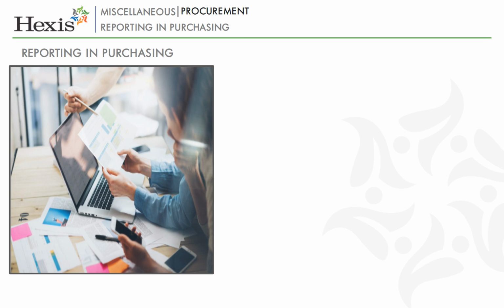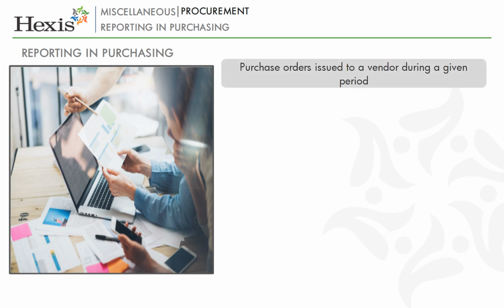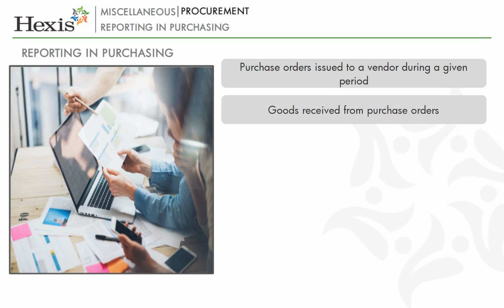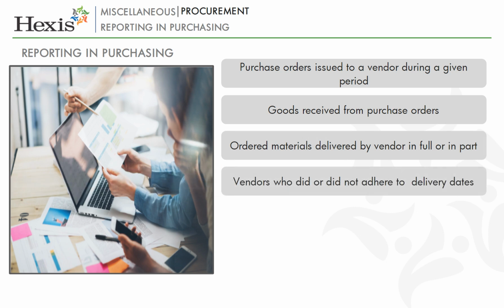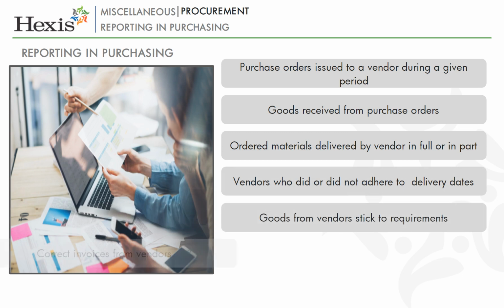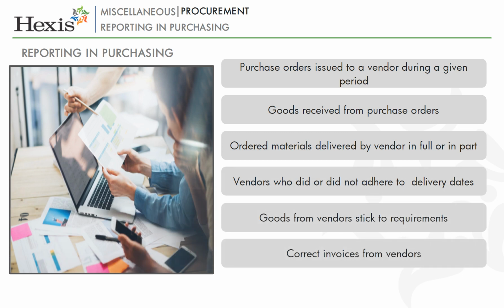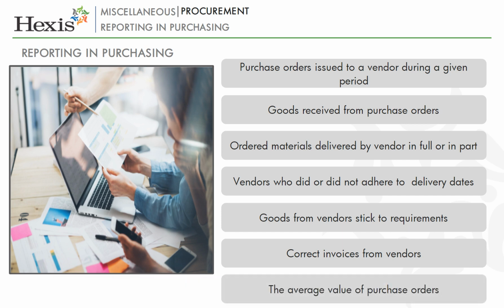Among other things, they have to know which purchase orders were issued to a certain vendor during a given period, for how many purchase orders goods have already been received, whether a vendor delivered ordered materials in full or only in part, which vendors did or did not adhere to their delivery dates, whether goods received from vendors conform to requirements and invoices submitted are correct, and the average value of purchase orders issued by a given purchasing organization or purchasing group.